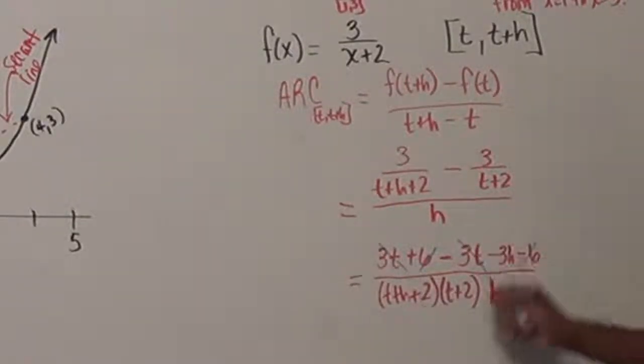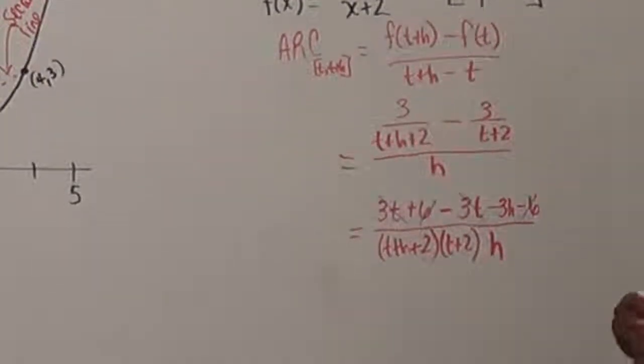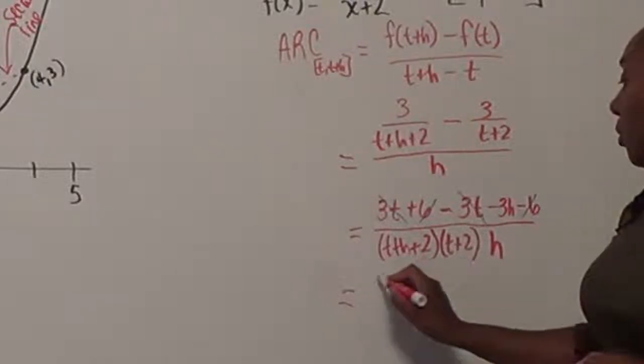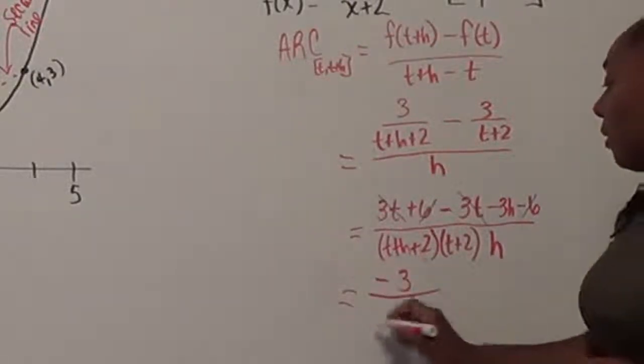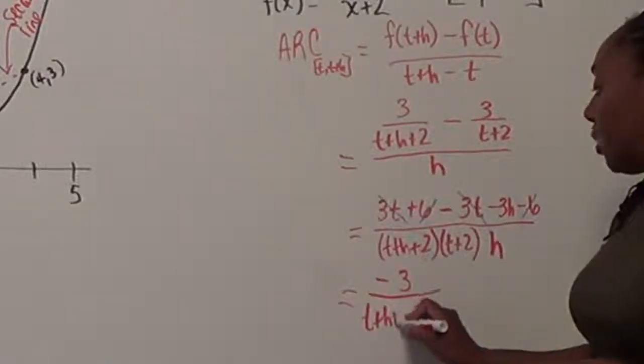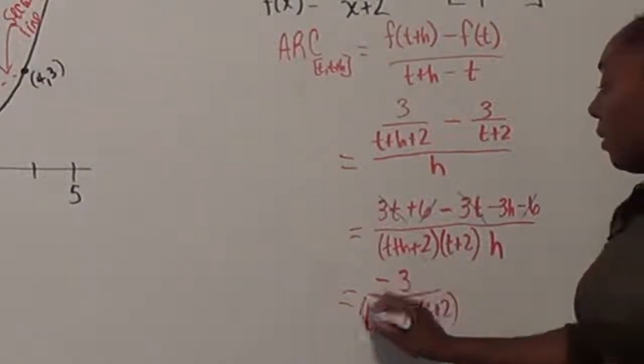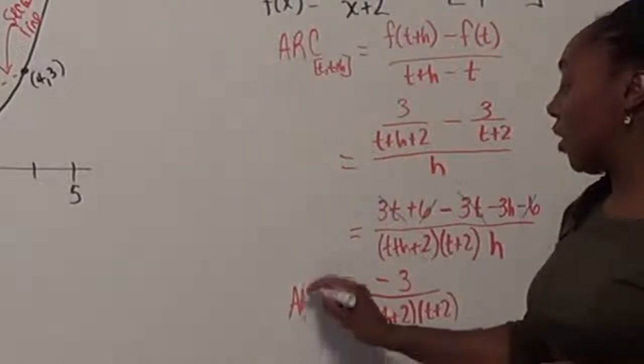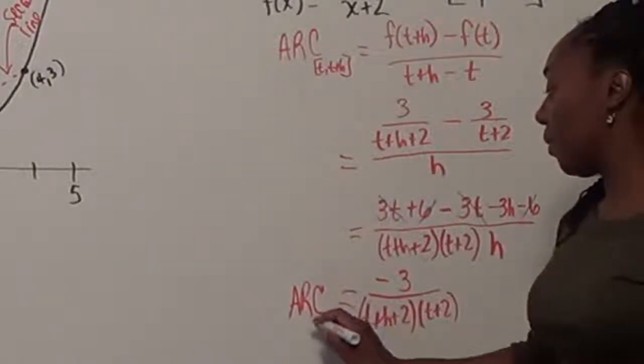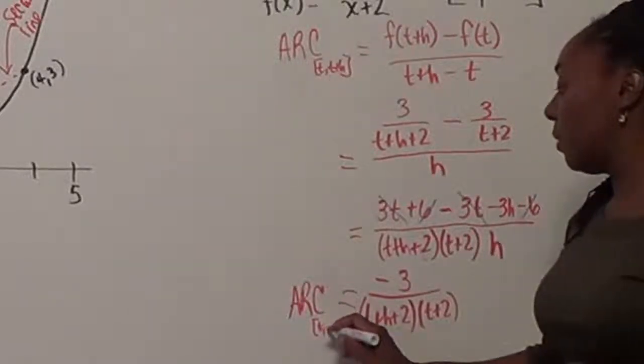And we're left with a 3h over h, which those h's will cancel out. So we're left with a negative 3 over t plus h plus 2 times a t plus 2. This is our average rate of change on the arbitrary interval.